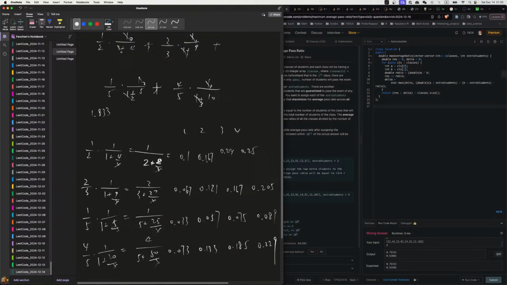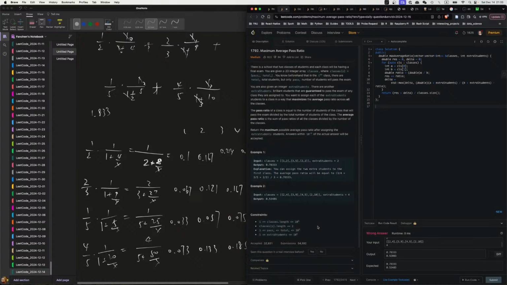If I take this, if it's 2, I can take this 2.8. Oh, look at this and this. 2.9. So it's 1.833 plus 0.167, 0.133 divided by 4. Yep. 0.533. Yeah, I think that's probably it.